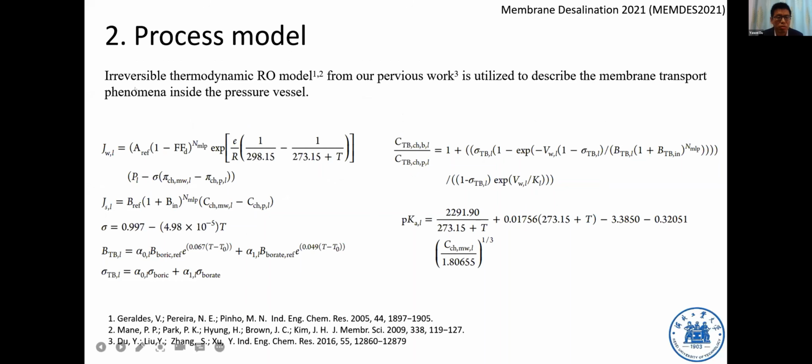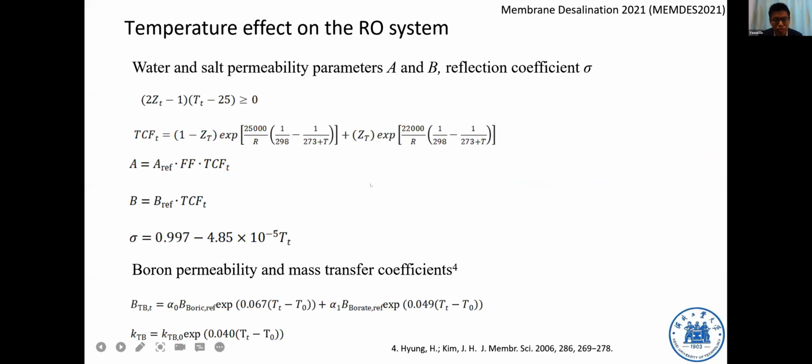We use an irreversible thermodynamic model to describe the transport phenomena inside the pressure vessel. The water flux and the boron flux are described in these equations.